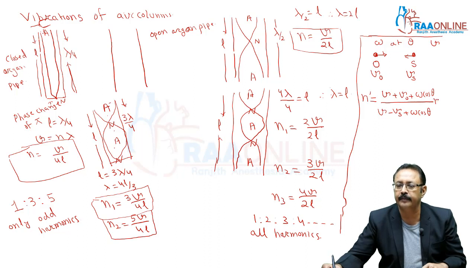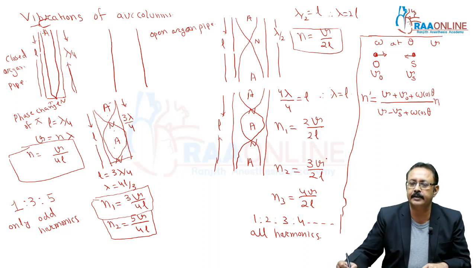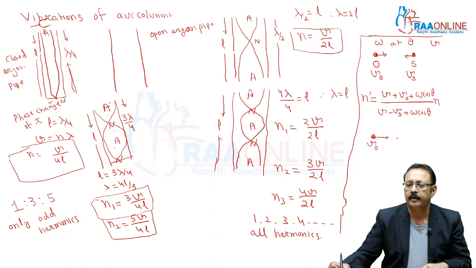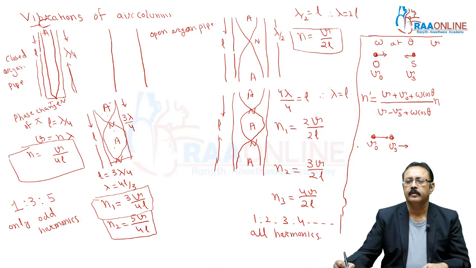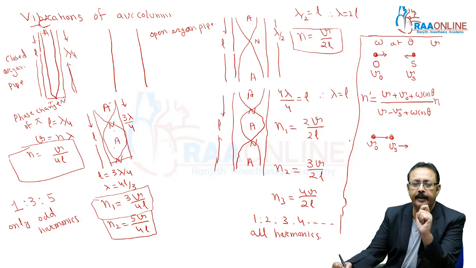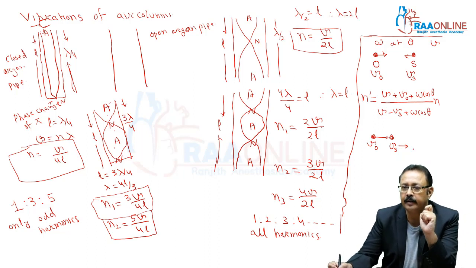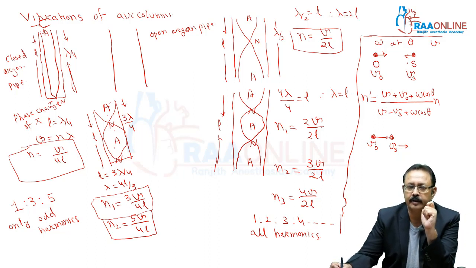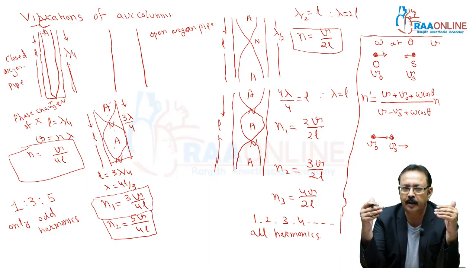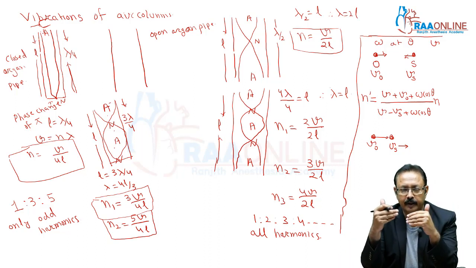If any one of them is moving away, they are not moving towards each other, then change the sign of velocity. Means case is this: observer is moving towards source, but source is moving away from observer. So what change you have to make before solving your numerical? In our formula derivation, we assumed that both are moving towards each other.